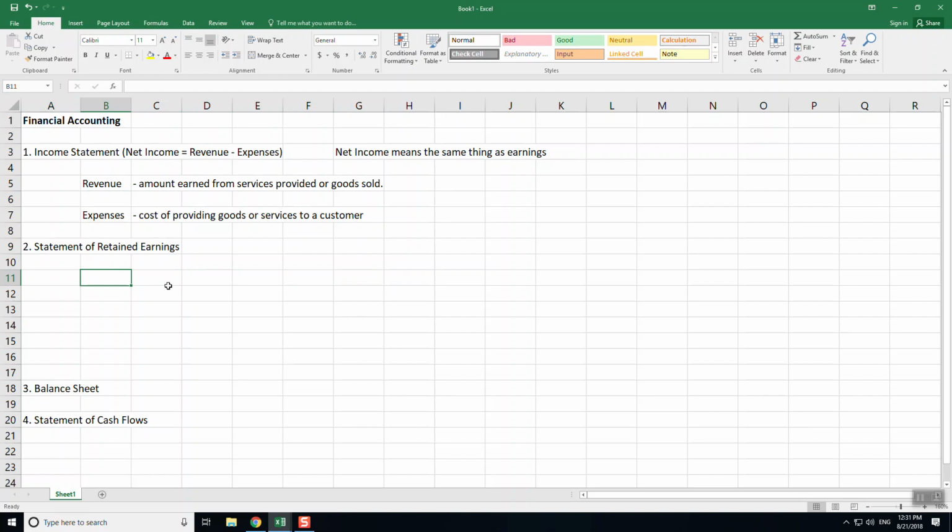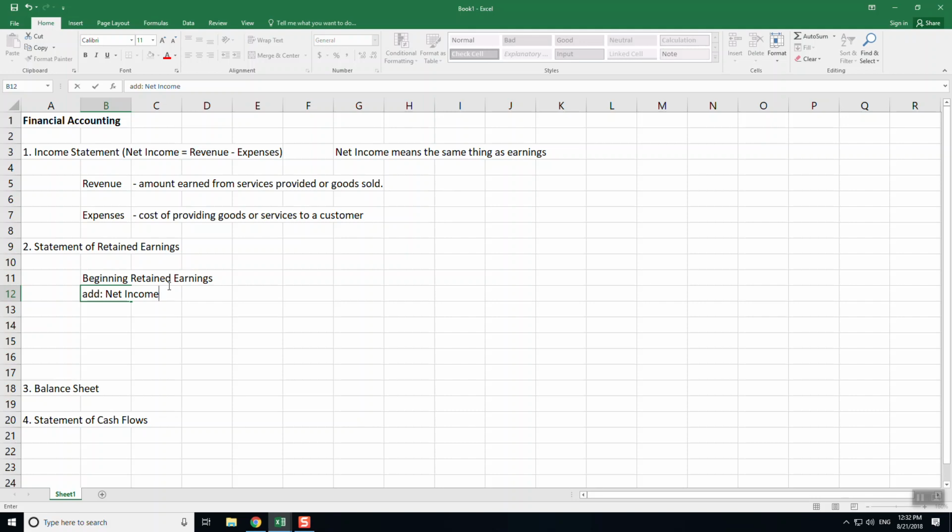So on the retained earnings statement, what we do is we start with the beginning retained earnings, and then we add the net income for that particular year. The beginning retained earnings is all of the earnings that the company has held on to from the beginning of its existence.